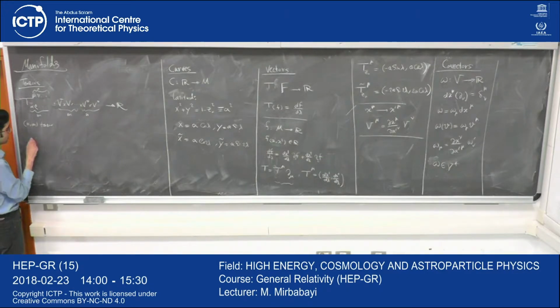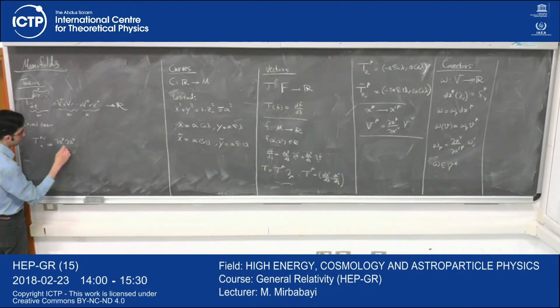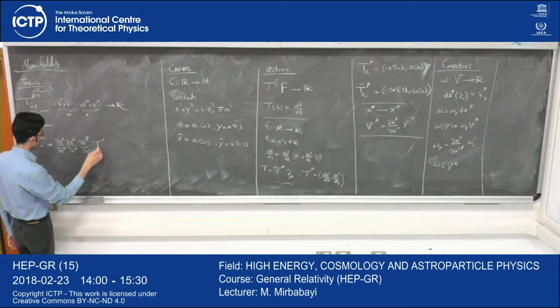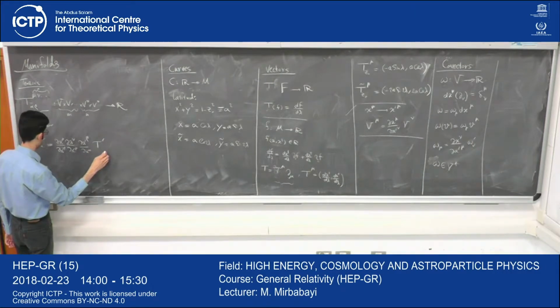And then there are of course objects that transform according to the usual tensor transformation. So for instance, T^{mu nu alpha}, when I go from one chart to the other, is going to be dx^mu/dx'^rho, dx^nu/dx'^sigma, dx'^beta/dx^alpha times T'^{rho sigma}_beta.